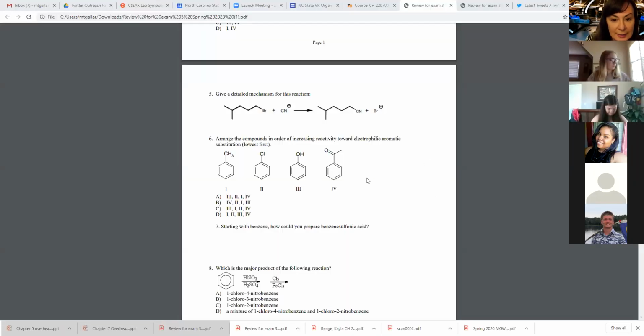Here we go. So of these guys, who's going to be the slowest one? Because it says lowest first. According to what we just saw in the arrow of reactivity, which one of these guys is the slowest one? 4 is the slowest one.